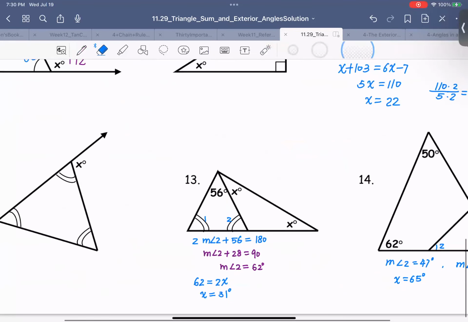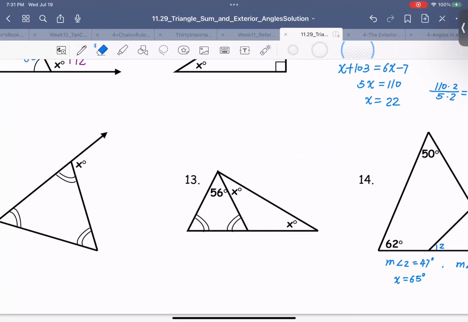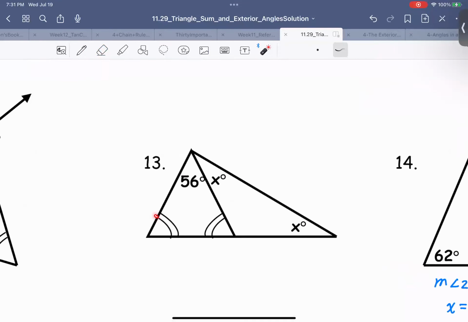I'm going to let you do this one right here. Then in geometry, they show you this thing. That means these two angles are equal. So this is the isosceles triangle. So you can solve this guy first. How much is this? We do 180 minus 56, which is 124.